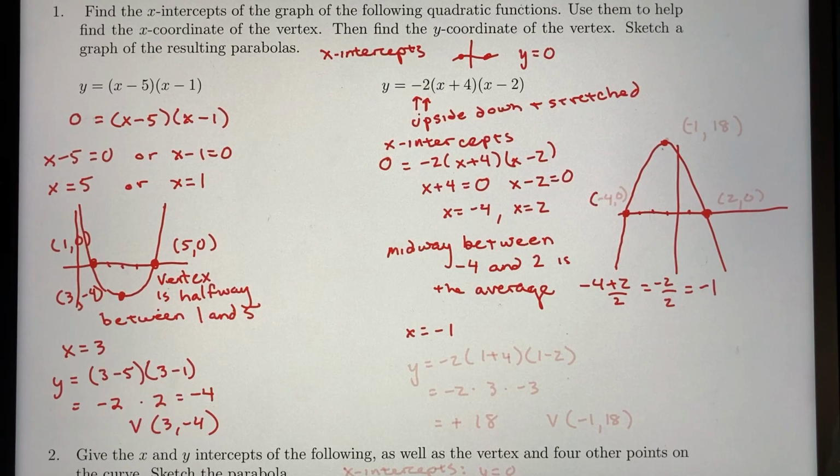Here, let me draw in some points. Negative 4, 0, and 2, 0 were my two x-intercepts. And this will be negative 1 comma what? Okay, so that's going to be positive because the negatives cancel. 2 times 3 is 18. So negative 1 comma 18 is my vertex.